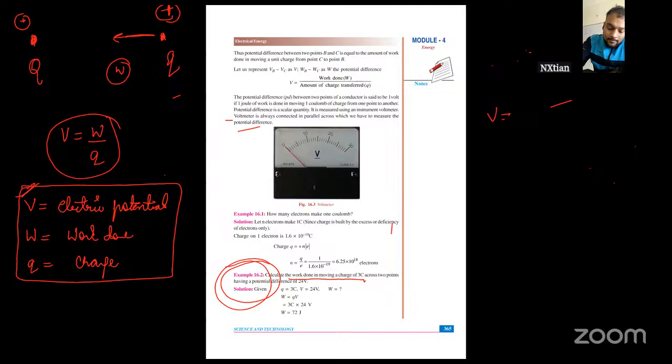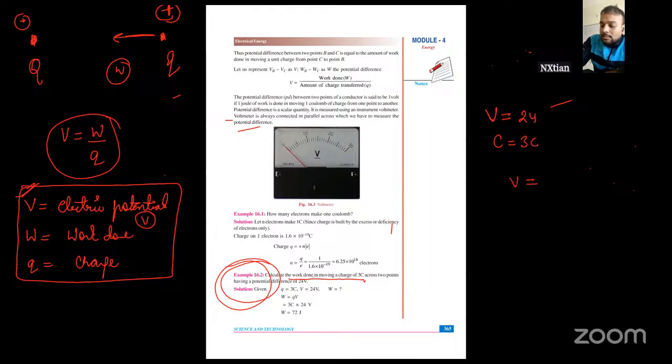So we know that electric potential has the unit volt, like 2 meter, 7 centimeter. In the same way, 2 volt is the electric potential. The volt is represented by V. So it is given that it is 24 volt and the charge is 3 coulomb.